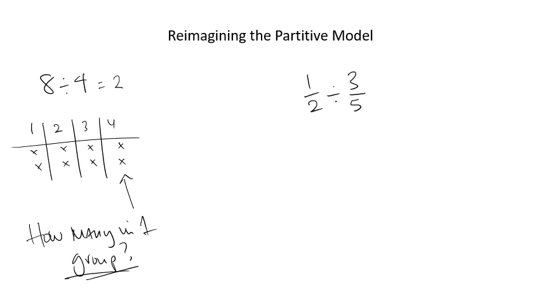In fact, what we're going to have is 3/5 of a group, and then based on 3/5 of a group, what does one group do? So this is why I want to take some time to lay this out: we're going to be talking about the same model from before. It's going to look a little different, but we're always going to come back to this same question: how many in one group? Just the way that we're going to construct that one group is going to be a little bit different with fractions than with integers.